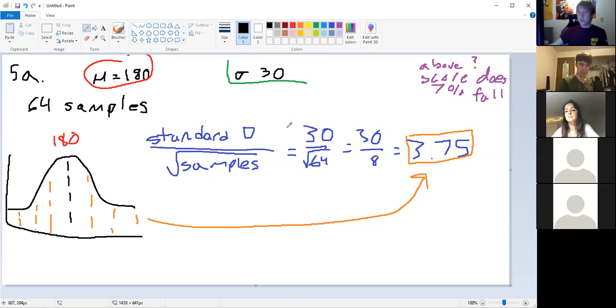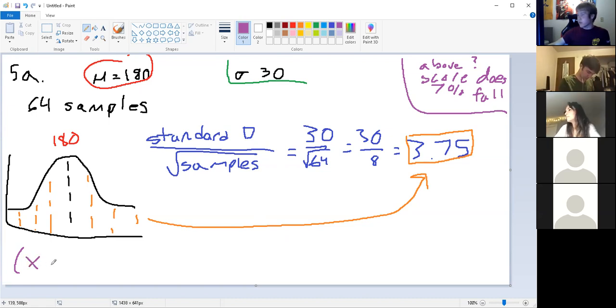Perfect. So for the second part of 5, it's asking us this purple thing up here: above what score does 7% fall? So that's the same thing as converting to a z-score. But the only thing is, in this case, we have a percent, so we know the z-score, but it's asking for what actual score.